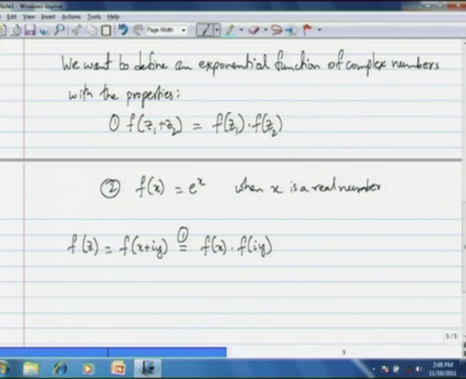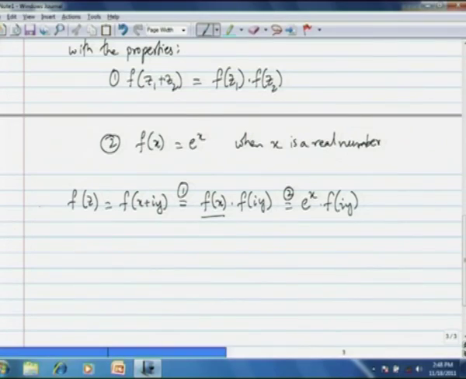Now x is a real number, so f of x should, by property 2, be e power x. And then we have f of i y. So, such an f of z should look like e power x times f of i y, for z equals x plus i y.